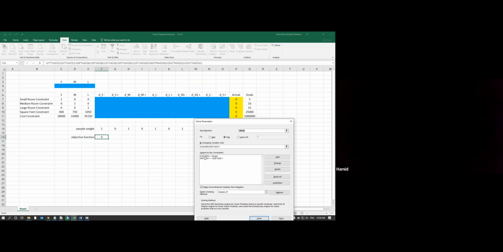Also, I'm saying that the fourth row, which is the initial number of rooms, should be integer. It doesn't make sense to have, let's say, 4.5 rooms or 10.3 rooms. And also, P7 to P11, which are these yellow cells, should be equal to values in the Q column.